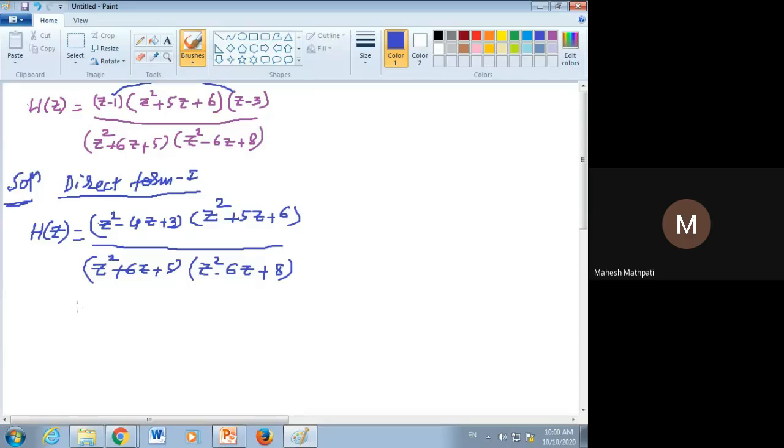Now if you multiply this, multiply both brackets in the denominator as well as the numerator and tell me the answer. Yes, has anybody got the answer?